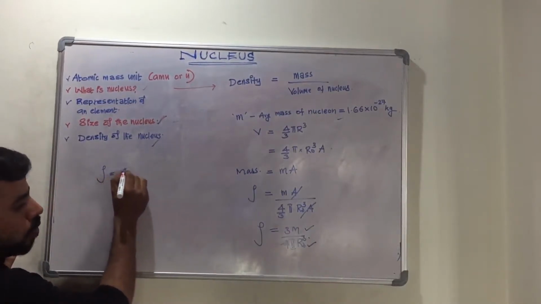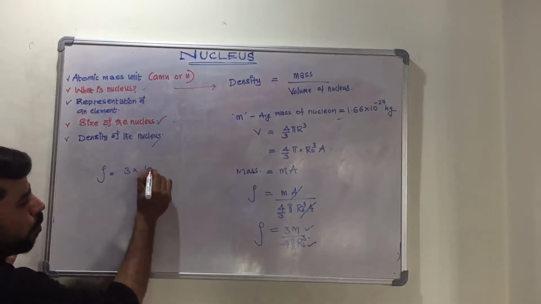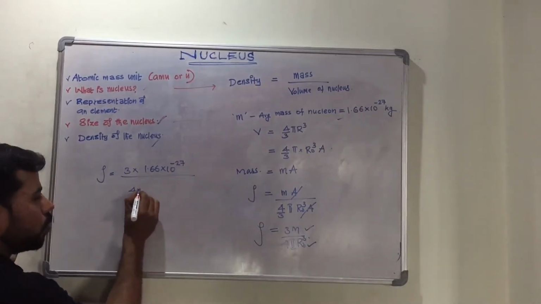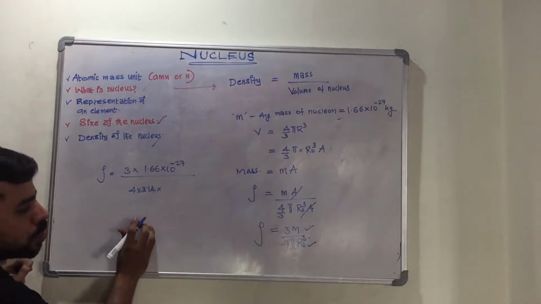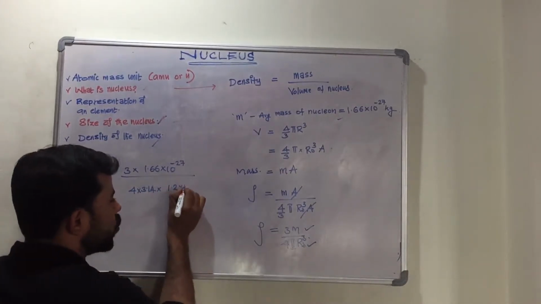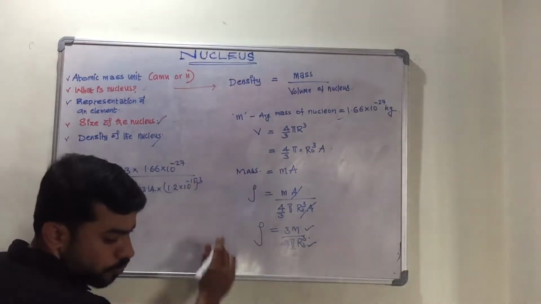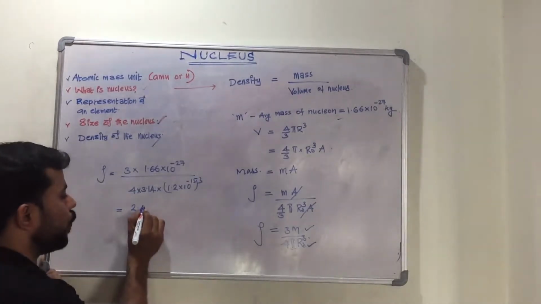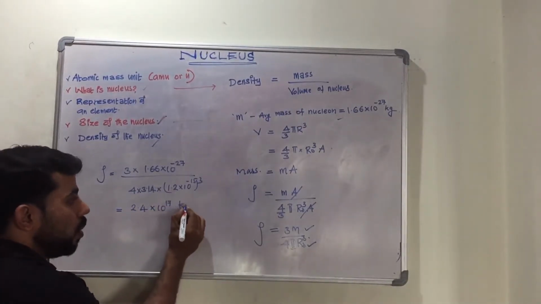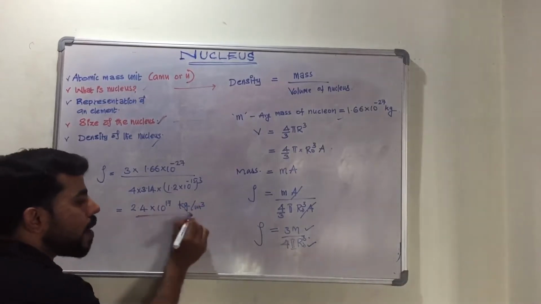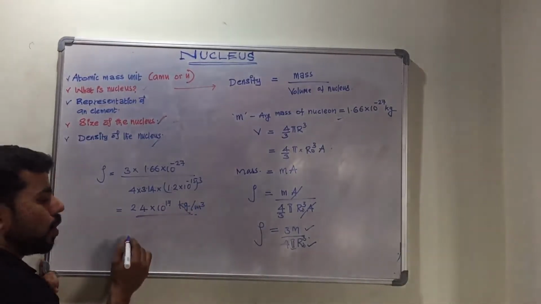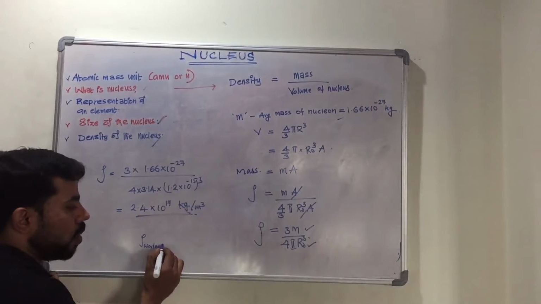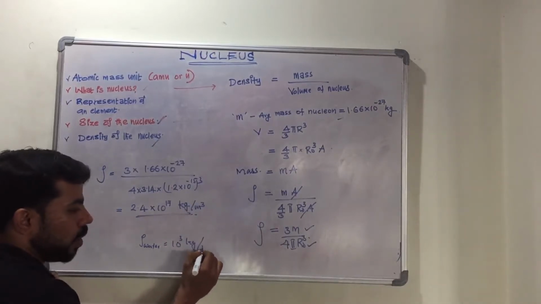This value can be found by putting the values of m, R0, etc. So ρ is equal to 3 into 1.66 into 10 raised to minus 27 divided by 4 into 3.14 into R0 cube, where R0 is 1.2 into 10 raised to minus 15, all cubed. By putting in these values, ρ is equal to 2.4 into 10 raised to 17 kilogram per meter cube. What a huge value this is. The density of ordinary matter like water is 10 cube kilogram per meter cube.